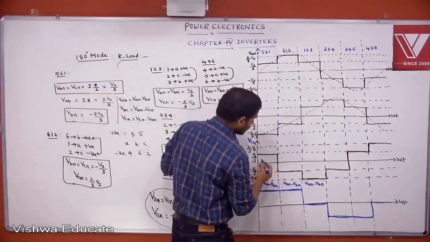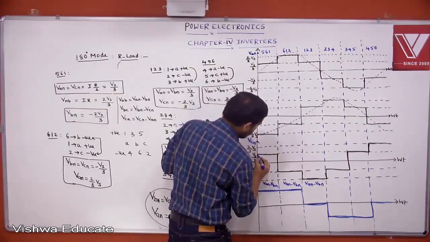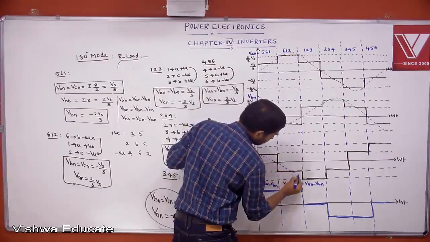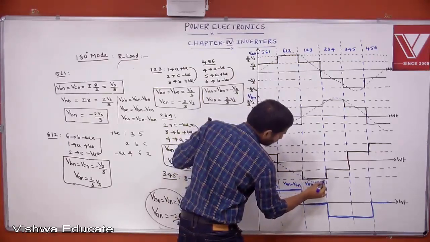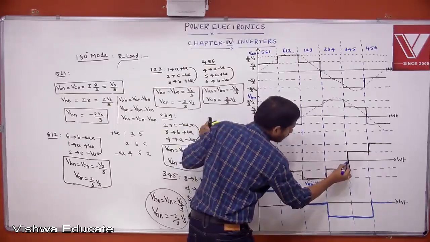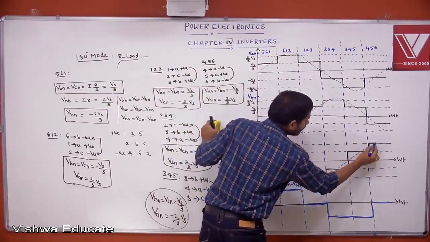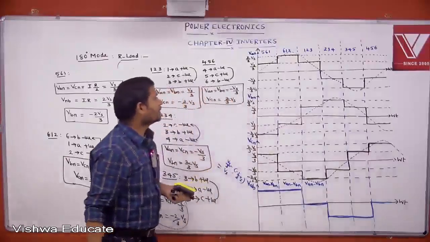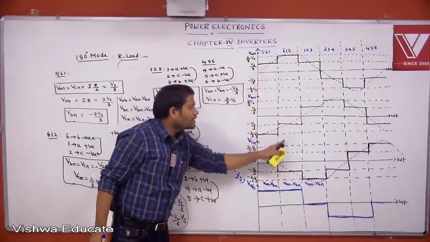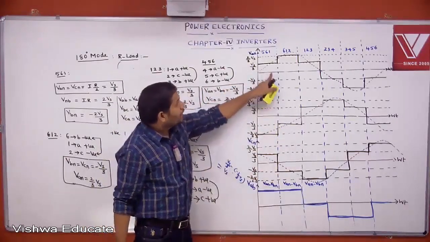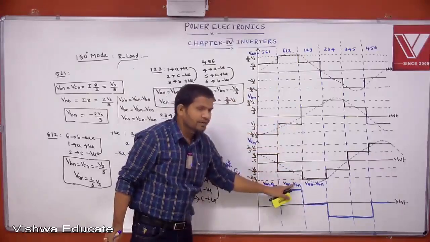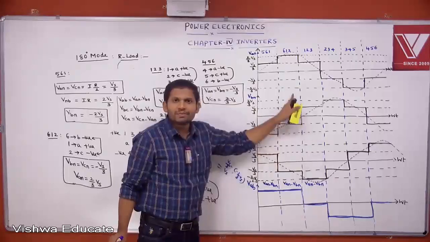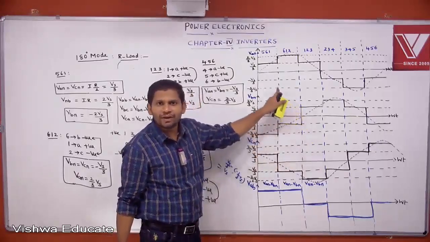You consider this too. Like this we are getting three-phase voltage waveforms. This is A phase, this is B phase, this is C phase. Then each phase is shifted by 120 degrees. The phase difference between the phase voltages must be 120 degrees. That is satisfied here. Yes or no?